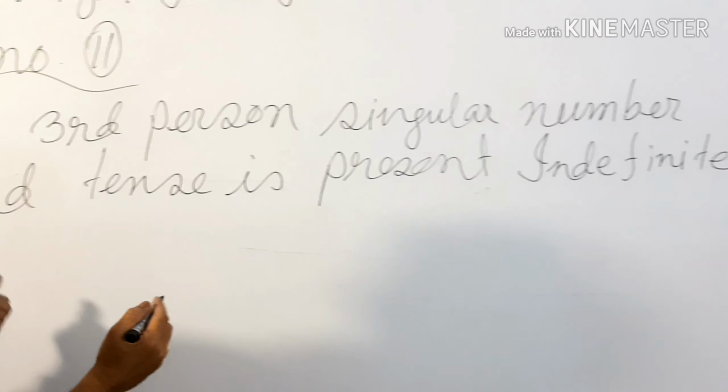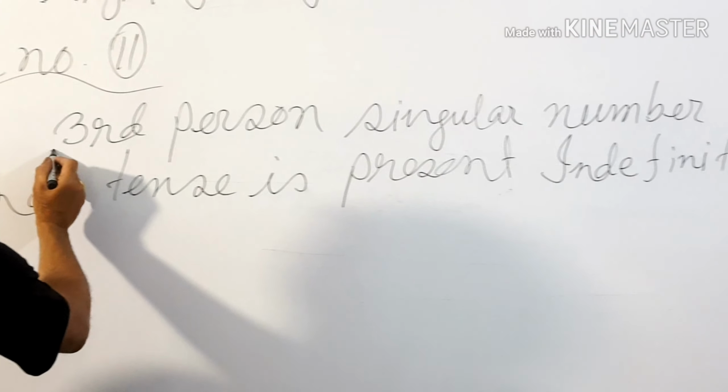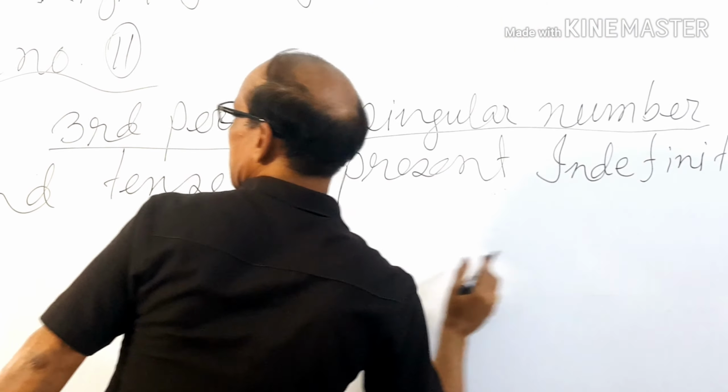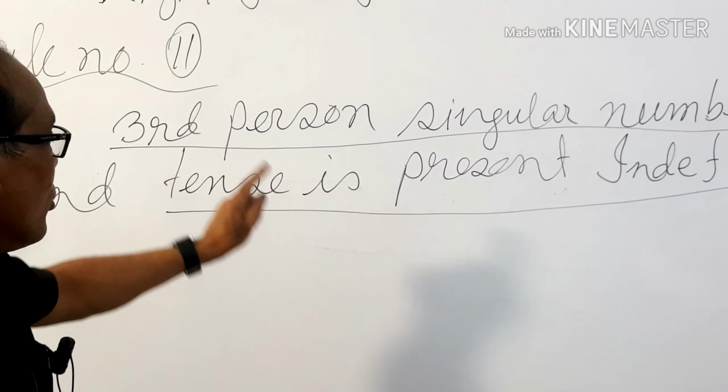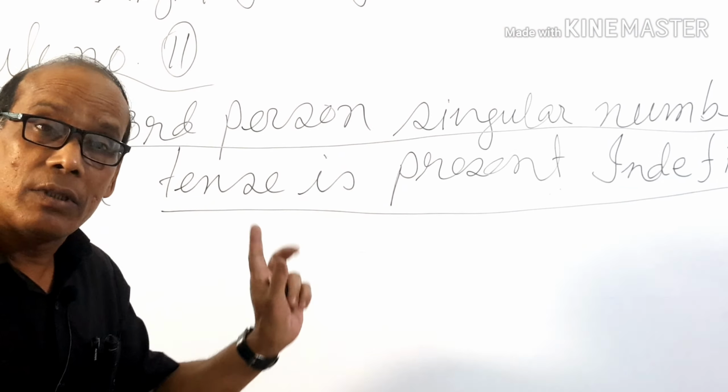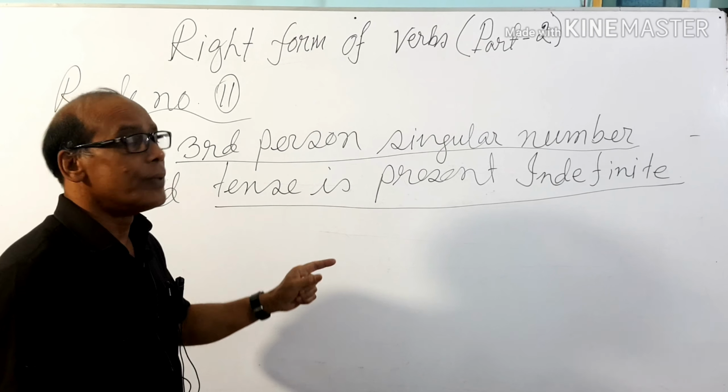If the subject is third person singular number and tense is present indefinite, we will have to follow two conditions. The subject must be third person singular number and the tense will be present indefinite.